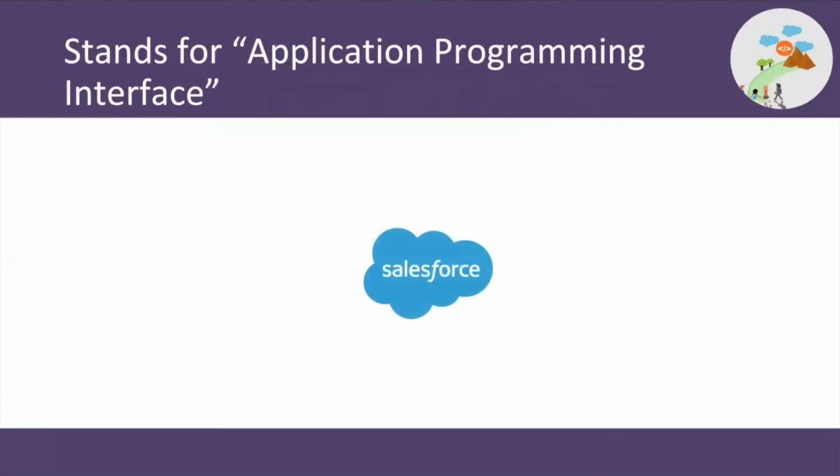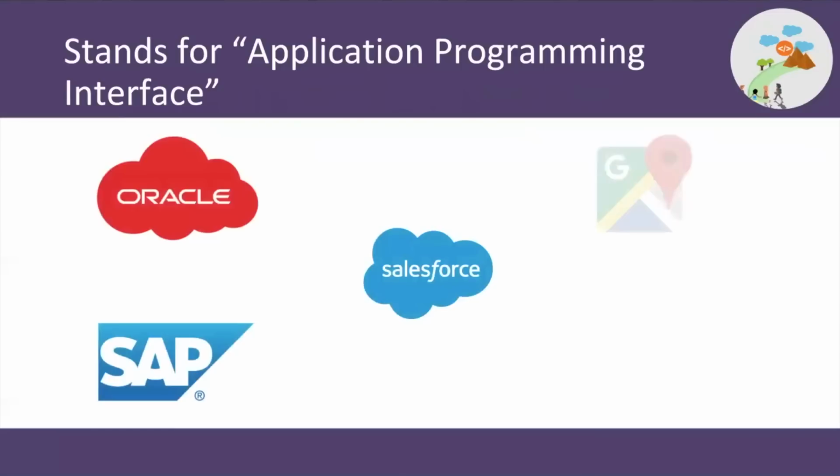Let's assume you have Salesforce in your company, of course, and then you have Oracle Cloud, you have SAP, and you have, let's say, Google Maps or some external services. Now all these systems are built on different technologies. Salesforce is cloud-based, Oracle is cloud-based, SAP, some components are on-premises, some are cloud-based.